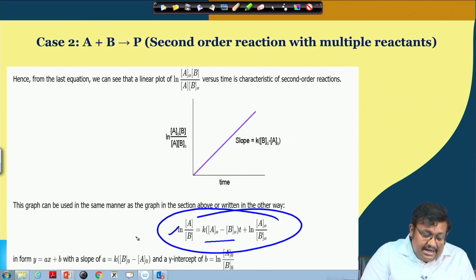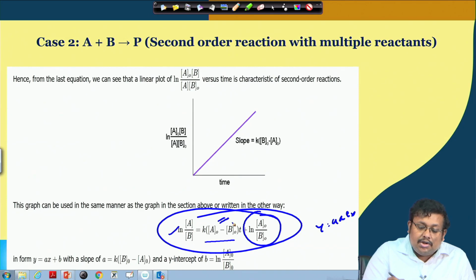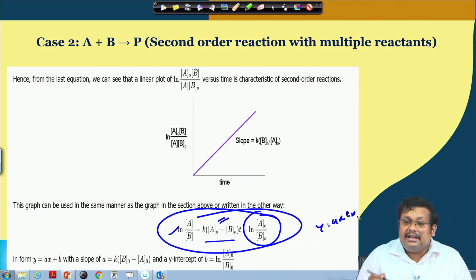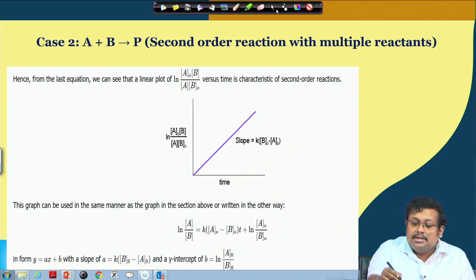In this straight line, y equals a x plus b, where the slope is k into (B0 minus A0) and the intercept is this term. If we simplify this we can further express it in terms of a plus b x.